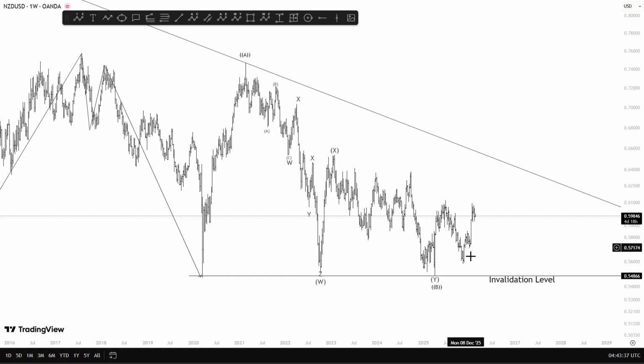After this corrective structure, what we're going to have next is an impulse, which means we begin a new impulse, which gives us wave 1. This is a new wave 1.